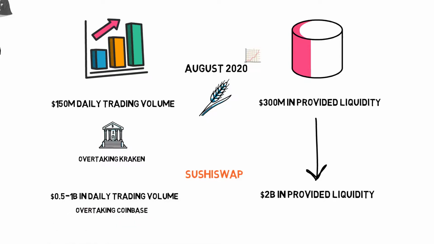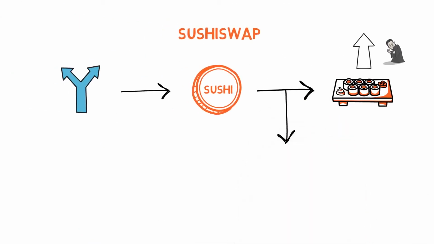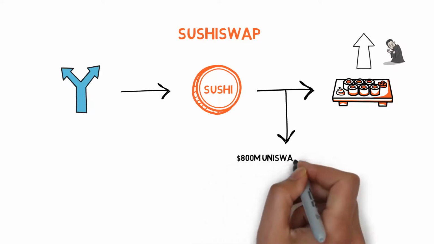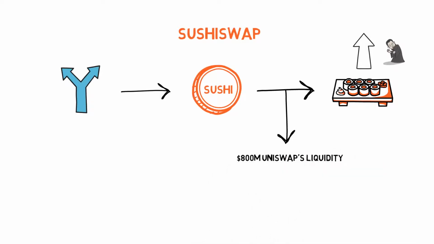This was an incredible achievement, especially considering that UNISWAP had only around 10 employees compared to over 1,000 employees at Coinbase. Before the liquidity migration from UNISWAP to SushiSwap started, there was still around $800 million worth of UNISWAP's liquidity staked on the SushiSwap platform.